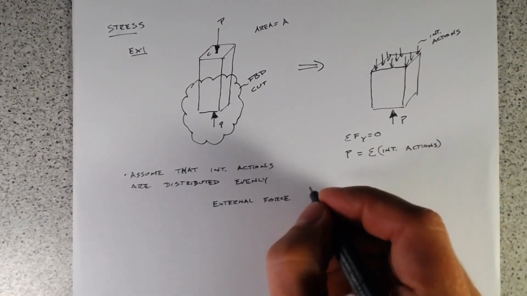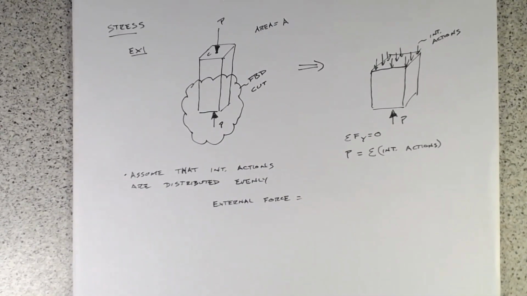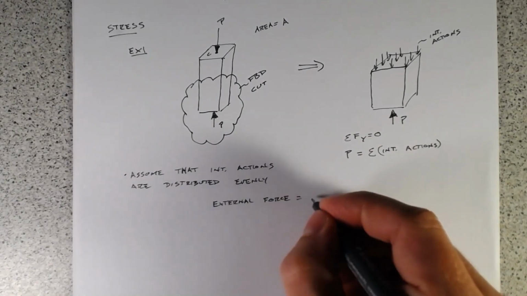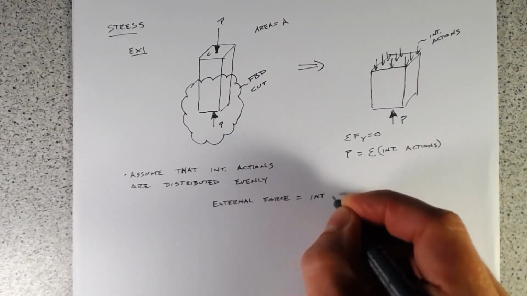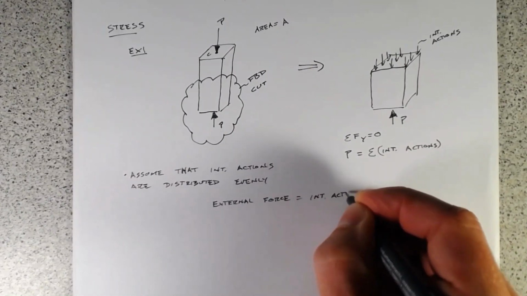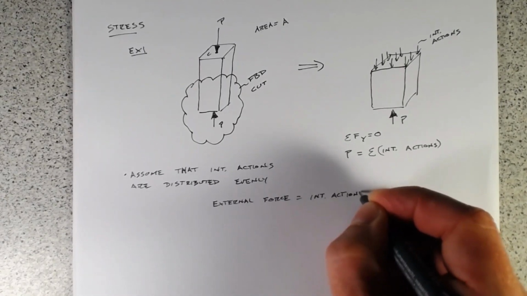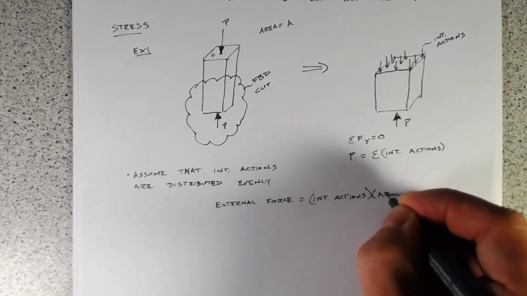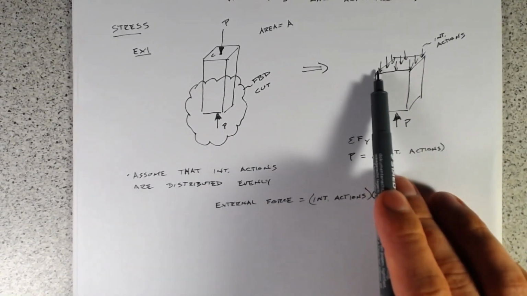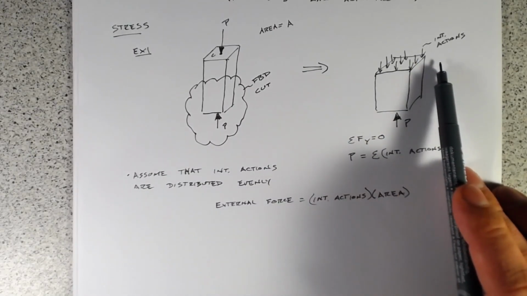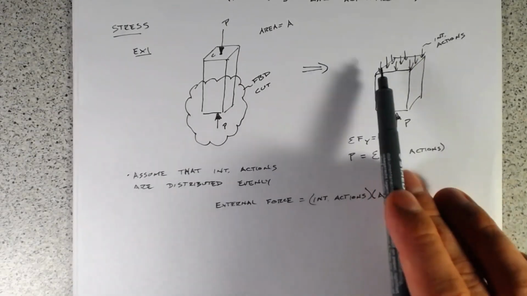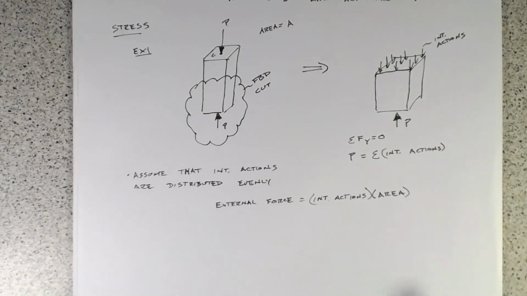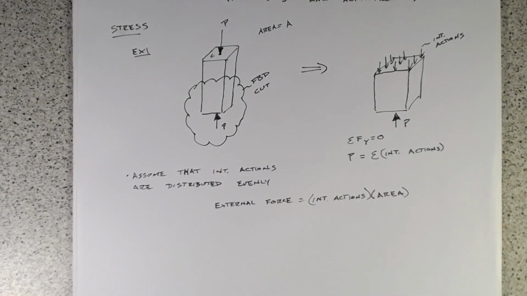So essentially, our external force equals our internal actions multiplied by the area. All right, that makes sense. So if all of these are even, if we sum all of them up, it's the same as you take the resultant of all of them multiplied by the area. So it's similar to distributed load. So we're familiar with that already.